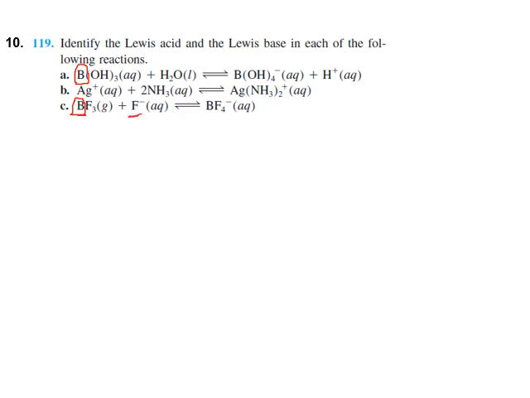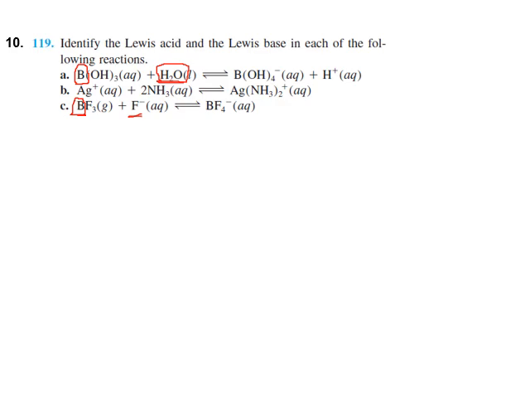For C, this is going to be the Lewis base because it's got 4 lone pairs that it can donate to that poor boron. And then here the O on the H2O has 2 lone pairs, right? Either one of those can be donated to the boron. So the boron only has 6 electrons around it typically, so it's always on the lookout for more electrons.